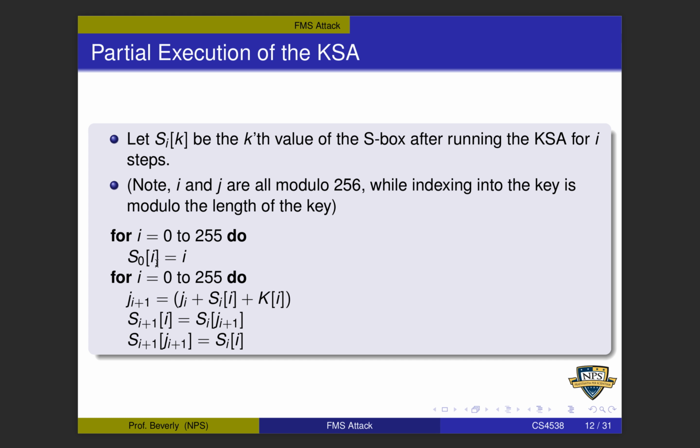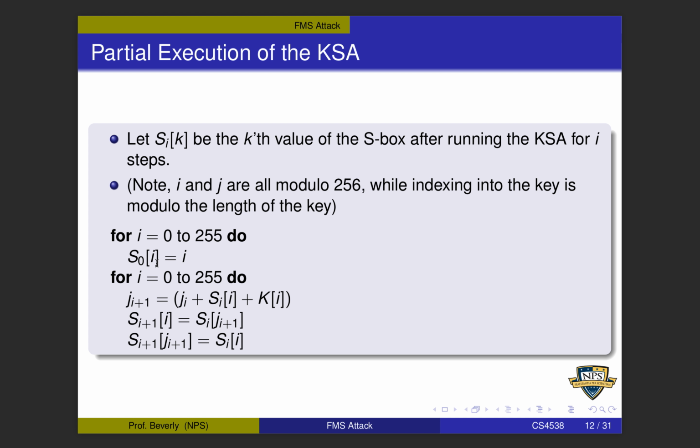So the first thing that happens is that the SBox is initialized, that's why it's S0, to the identity permutation. That's the first loop for I equals 0 to 255. Set each of the bytes of the SBox equal to its position in the array.